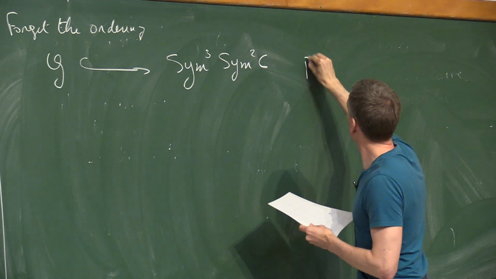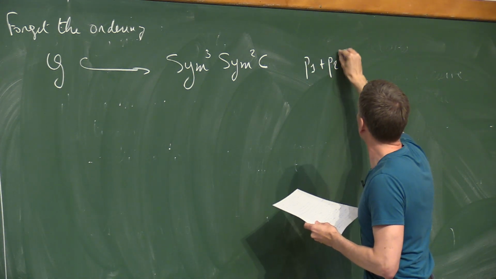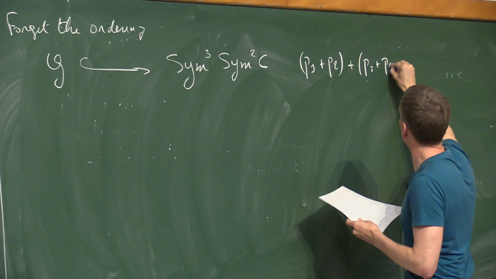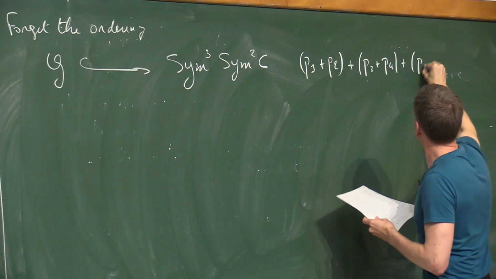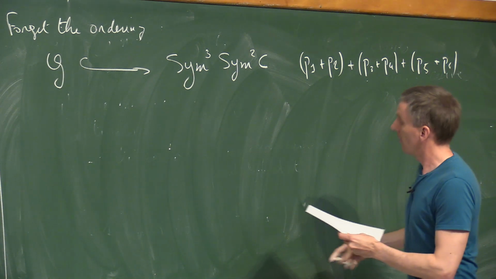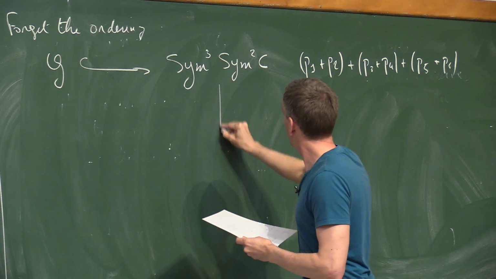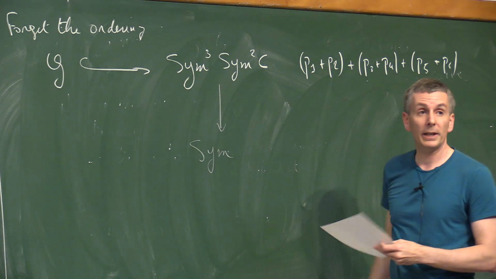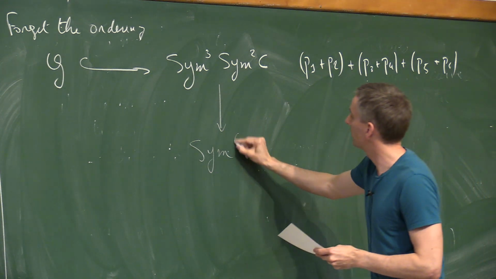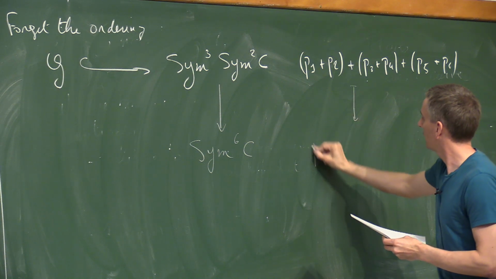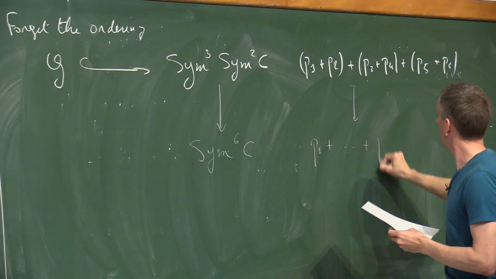So again, I take 3 pairs, P1 plus P2, P3 plus P4, P5 plus P6. And what I want to do is forget, so I just want to take the formal sum of the 6 points. So I arrive at the symmetric product of 6 points, and I take P1, etc., plus P6.